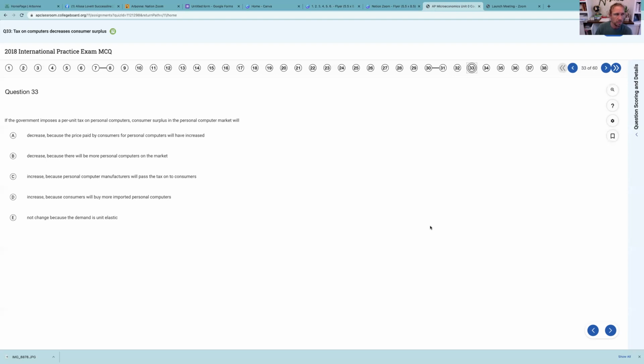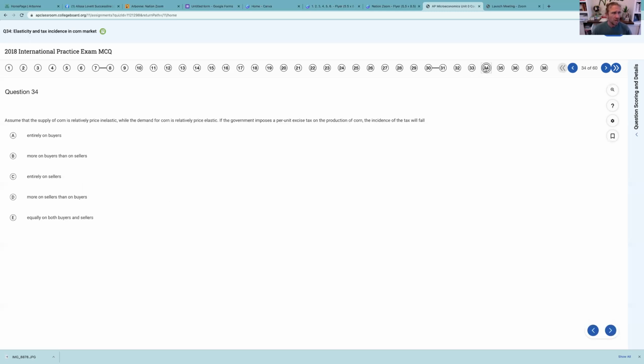That's it. B says decrease because there will be more computers on the market. That doesn't make sense. So it's definitely going to decrease our consumer surplus because we're buying fewer computers, and each computer we're buying is at an increased price because the producer is going to push at least a portion of that tax onto the consumer. So your answer for 33 is A.